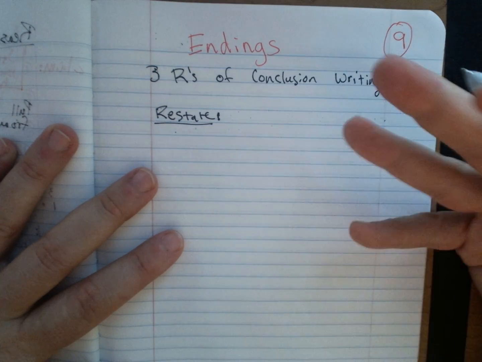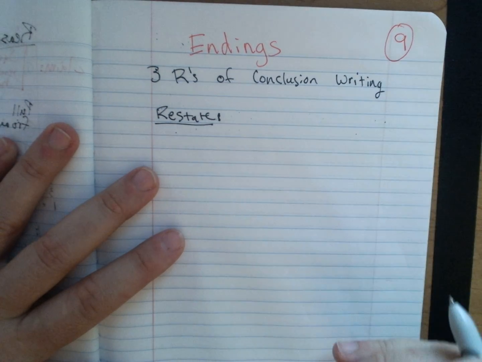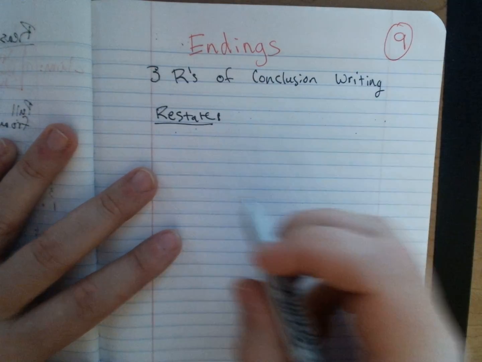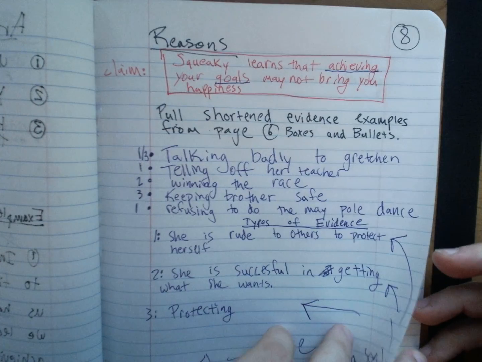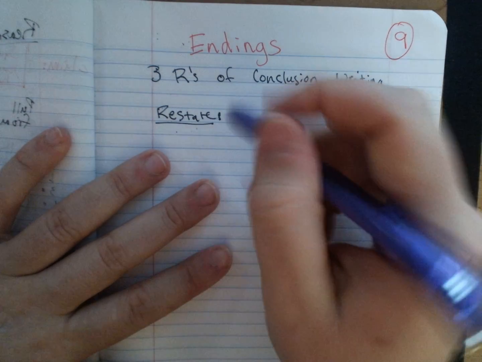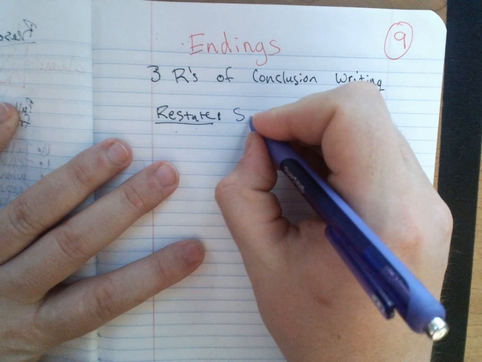Our goal is by the time we've done this together, you've written in your ending or a version of what your ending could be. So I'm going to write Squeaky learns. I'm going to use a different color because I like using different colors.